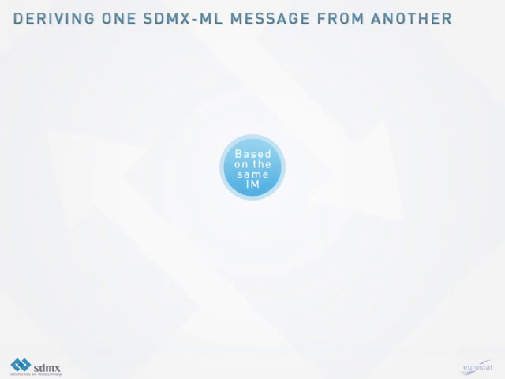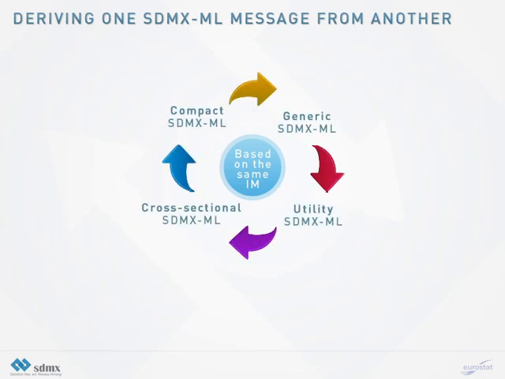Since all the messages are built on the underlying consistent SDMX information model, the 4 SDMX ML data messages can be converted to other formats. However, performing a conversion into a generic, compact, or utility data message requires some preconditions, such as the availability of the time dimension, frequency, and time format in the DSD.